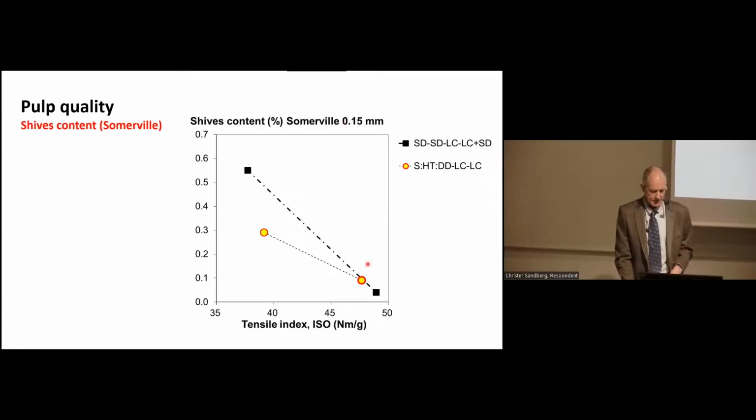The final pulp in Braviken was around 0.15 in Shives content, and this is around 0.1. So still better than most final pulps also measured with Somerville.